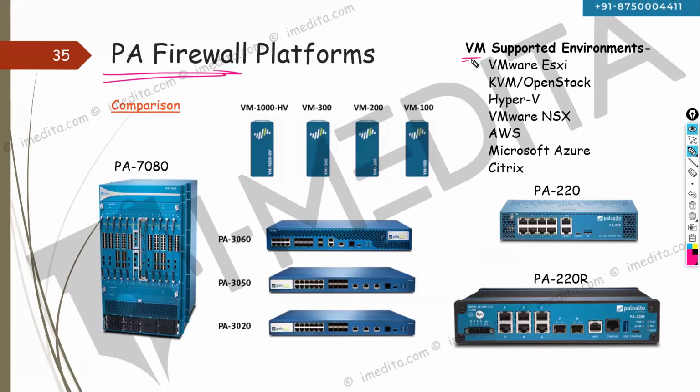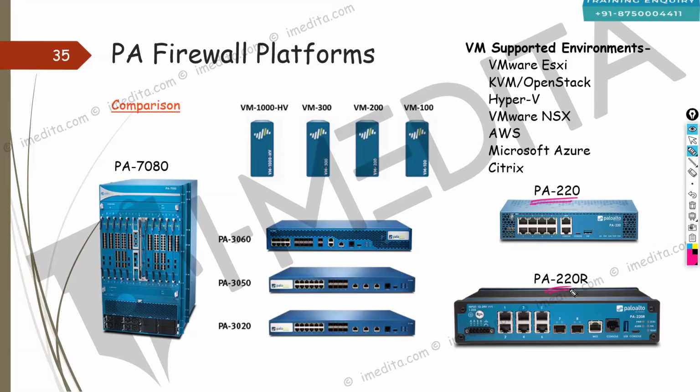Now just come to how many Palo Alto firewall models are available. Palo Alto provides VM firewalls as well as physical firewalls. Virtual machine firewalls are supported for VMware ESXi, KVM, Hyper-V, NSX, AWS, Azure, Citrix, and also Google Cloud Platform. The lower series of firewall is the 220.